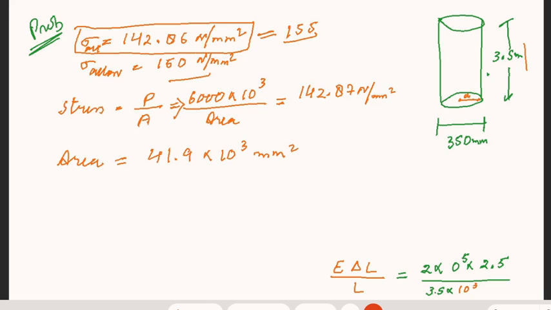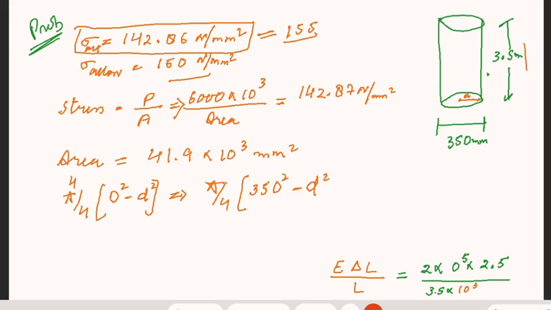Now from the area, what do we need? If we want to check what will be the internal diameter, the area will be equal to pi by 4 into capital D squared minus small d squared. What is capital D? External diameter, that is 350. So it is D squared minus internal d squared, right?